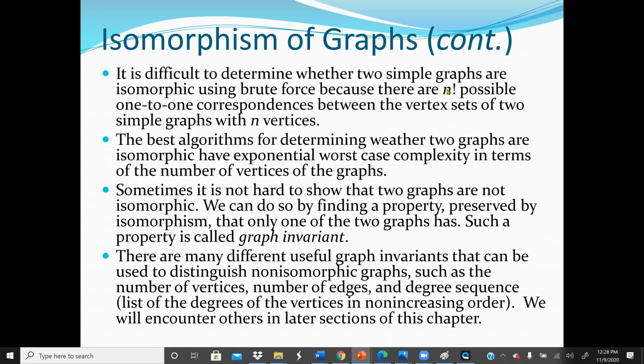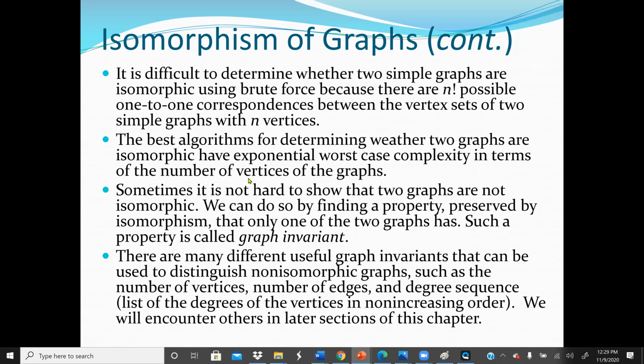This is very costly, n factorial, which means if we have 20 vertices, then we have to do 20 times 19 times 18 all the way to 1. The amount is too much, the possible combinations.